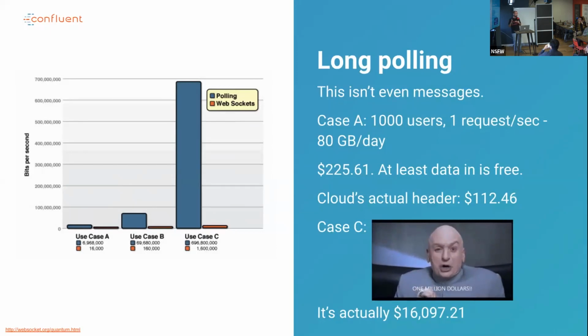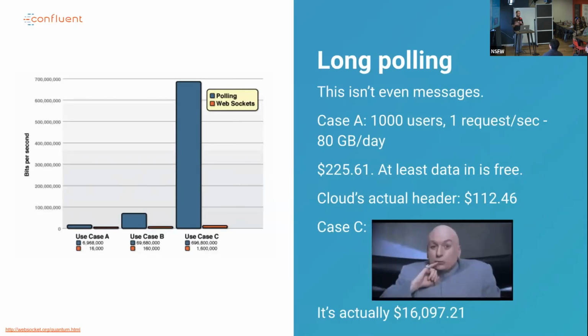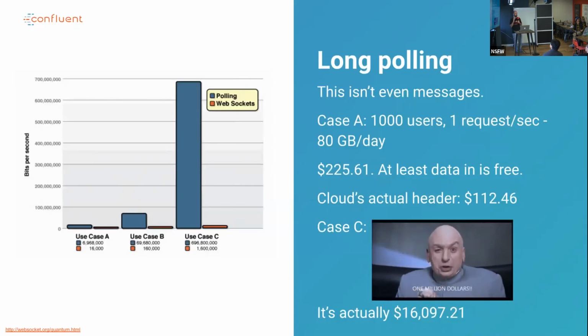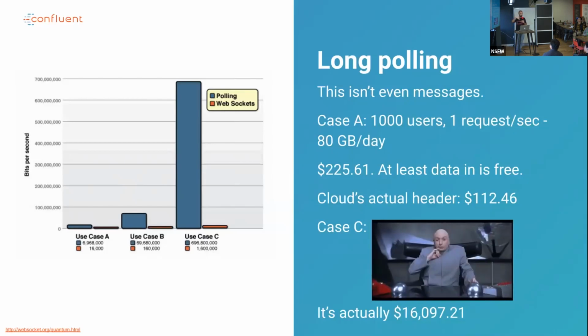If we plug that number into Amazon's calculator, it's 225 bucks for nothing, because it's not messages, it's not images, it's literally just the request information that we are giving to or getting back from the actual server.